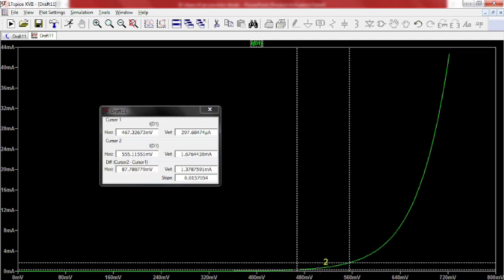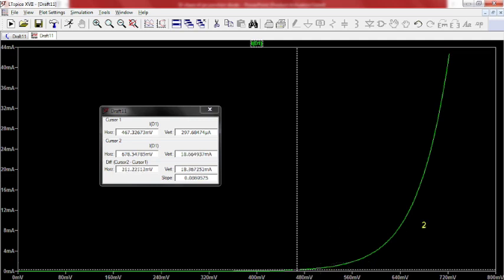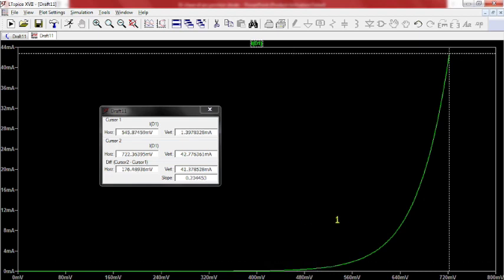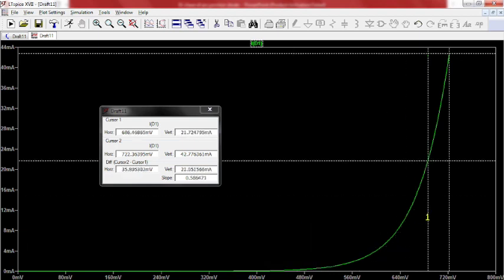This resistance is called the static resistance, and dynamic resistance is the resistance when the current is in the maximum range. This part is the dynamic resistance part. Okay, this is all about the forward characteristics of a PN junction.